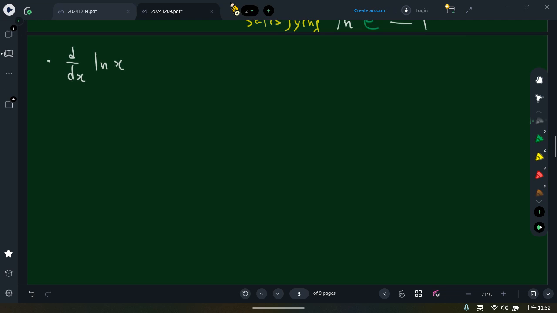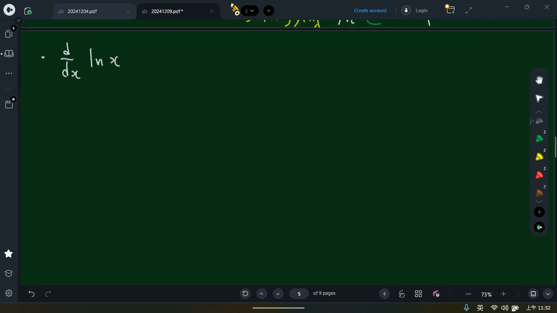If we try to differentiate ln x, we can see that it becomes differentiating the integral from 1 to x of 1 over t dt. So what is the result? 1 over x, not t, okay?